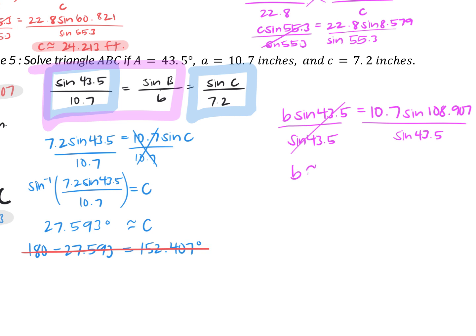So when I plug this whole thing into my calculator, I get approximately 14.706, and we are in inches. So I only have one triangle possibility here. I don't have two, again, because this angle measure makes it so that my triangle is bigger than 180 degrees, and I can't have that.